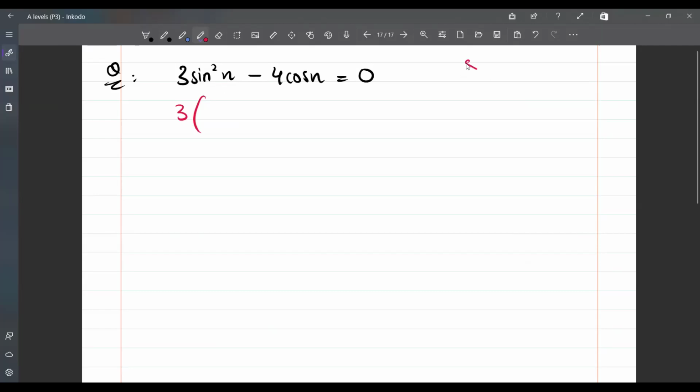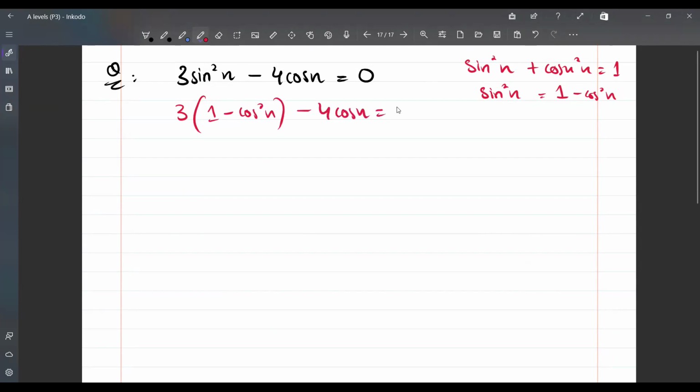We know the identity sine square x plus cos square x is equal to 1, and sine square x is 1 minus cos square x. So we can just write it here: 3 times (1 minus cos square x) minus 4 cos x is equal to 0. That is 3 minus 3 cos square x minus 4 cos x is equal to 0.